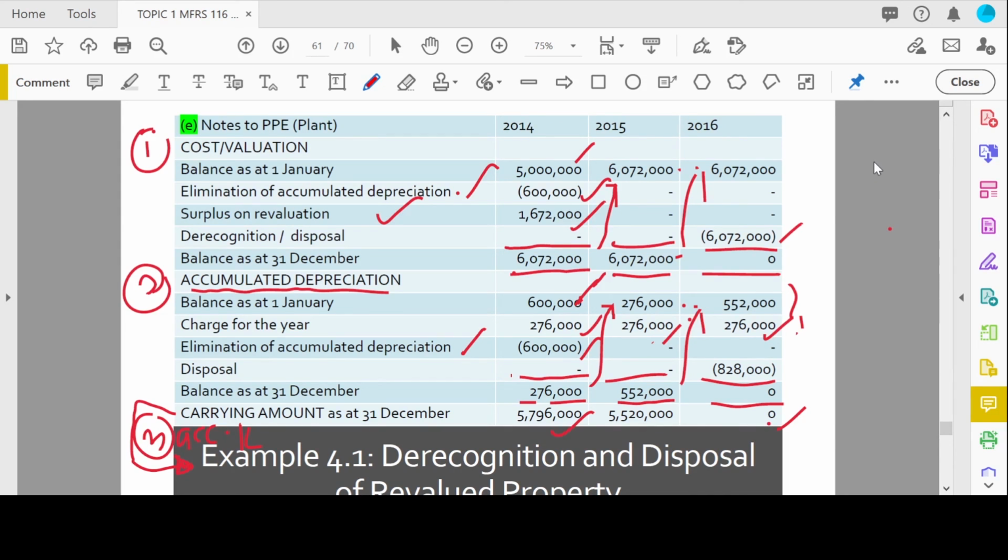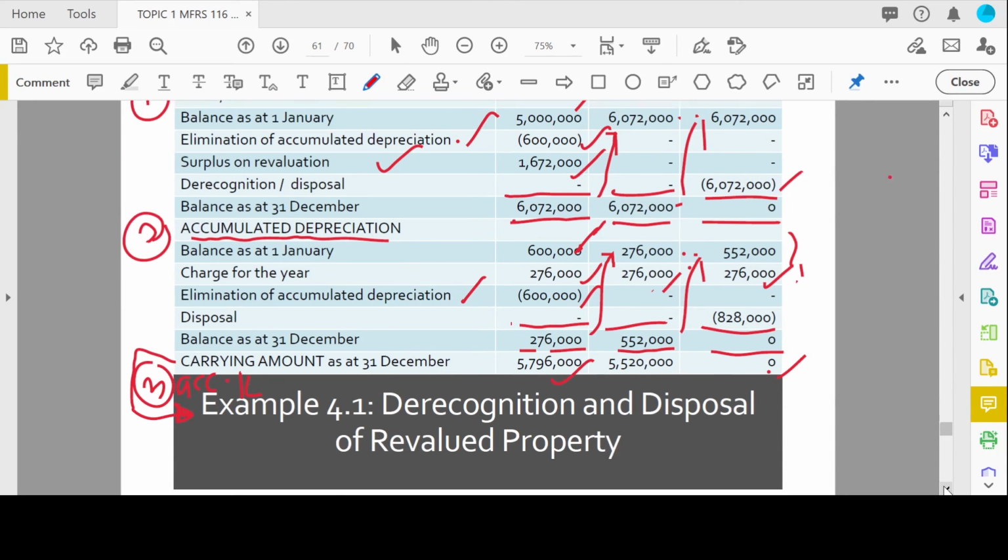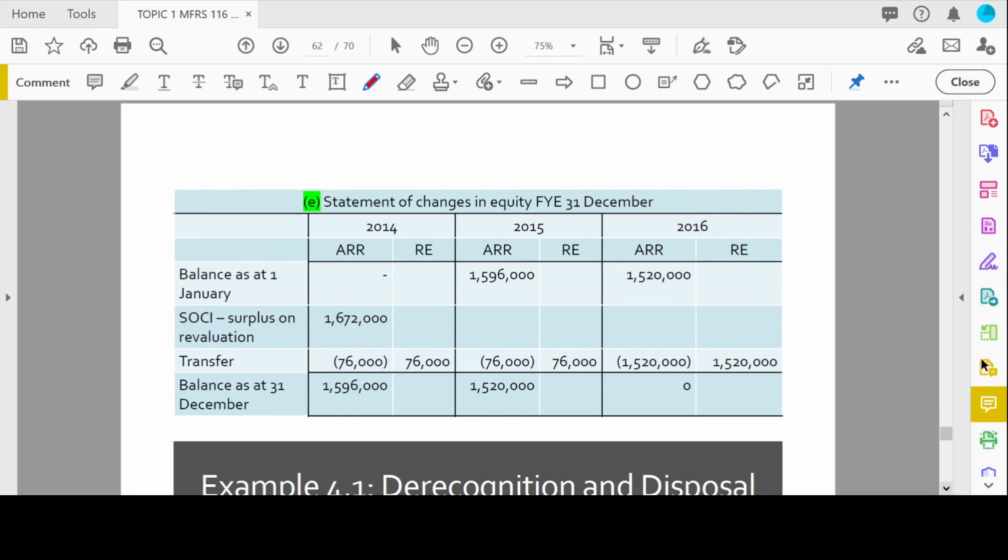Alright, so let's move on to the next one: to show an extract of the statement of changes in equity, particularly for ARR and retained earnings. In year 2014, any revaluation surplus recognized will be accumulated in equity under the heading of revaluation surplus, or we use asset revaluation reserve.